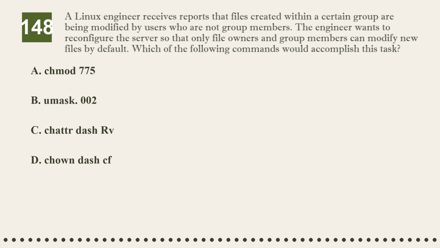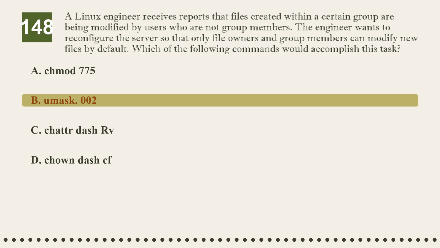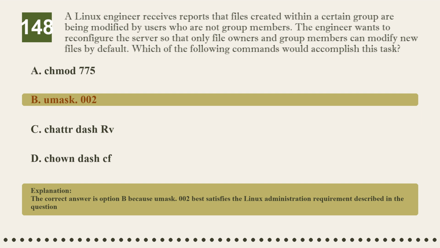Option B, umask 002. Option C, chattr -R +i. Option D, chown -cf. The correct answer is option B, umask 002. The correct answer is option B because umask 002 best satisfies the Linux administration requirement described in the question.